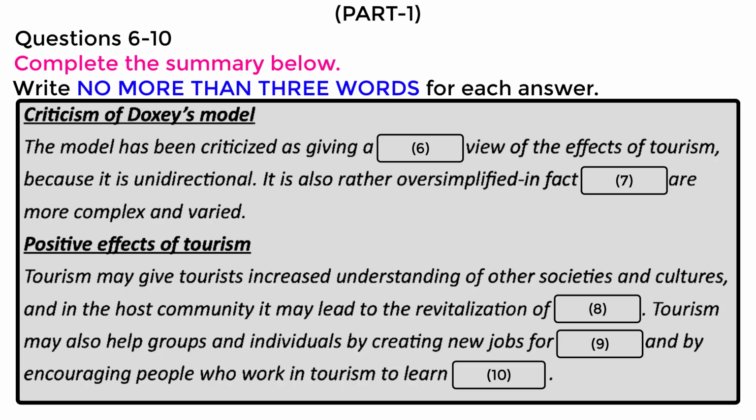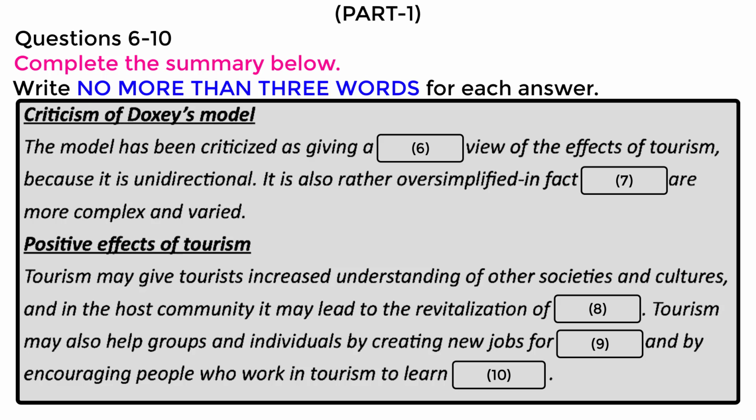The most significant is that it suggests a very negative attitude to the socio-cultural effects of tourism. The fact that the model is unidirectional, that it only works in one direction, seems to suggest that decline in the host-visitor relationship is inevitable.